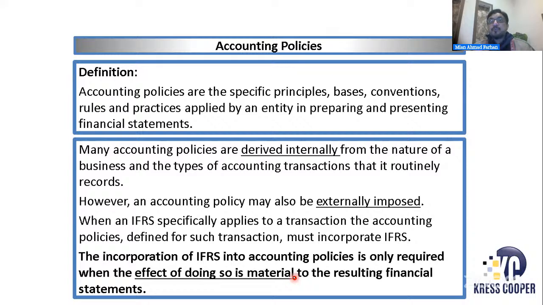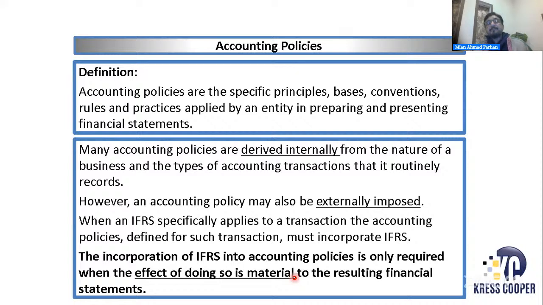There are two fundamental qualitative characteristics, the first one being relevance. In that, the framework tells us that information should be material enough to be relevant, because relevant means the information based on which the users will be taking some decisions.